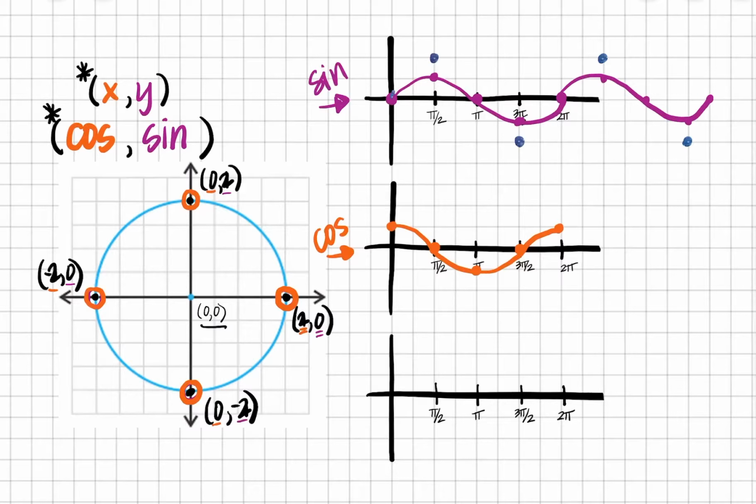Nothing else would change. Everything else stays the same. It just extends up to 2 and down to 2 now. So this would be 2 sine x.